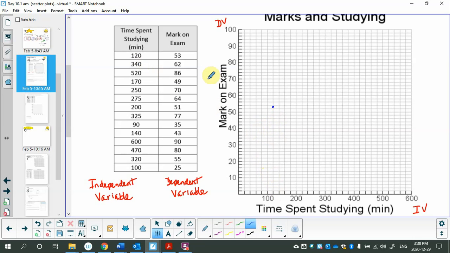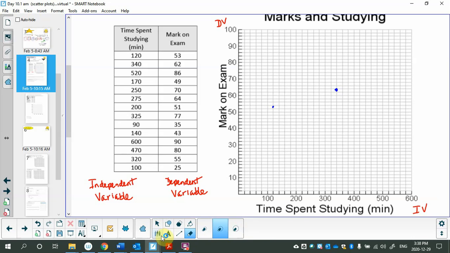Next one, 340, which is over here, and 62. So I'm going to go up like this because I have the erasability. So there's 60. So there's 62. So now I'm going to take my eraser and erase what I don't need, which is all of that, and I'll leave that behind.